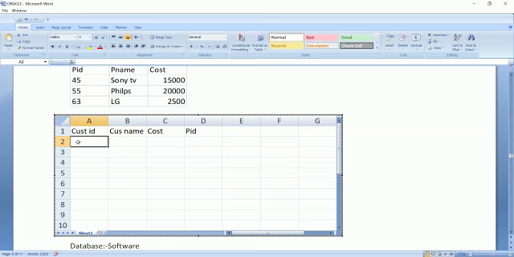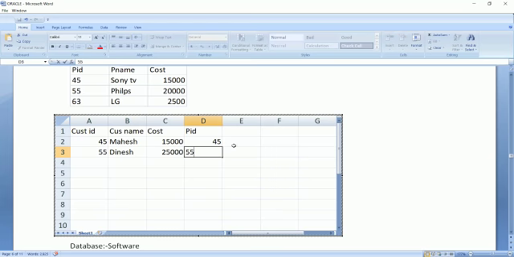It may be anything, like 45, customer name is nice, cost is 15%, and PID is 45, and 55, billings 25,000, and PID is 55.